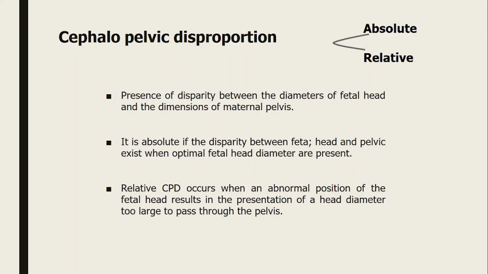What about cephalopelvic disproportion? Cephalopelvic disproportion can be defined as absolute or relative. Cephalopelvic disproportion by itself is the presence of disparity between the diameters of the fetal head and the dimensions of the maternal pelvis.